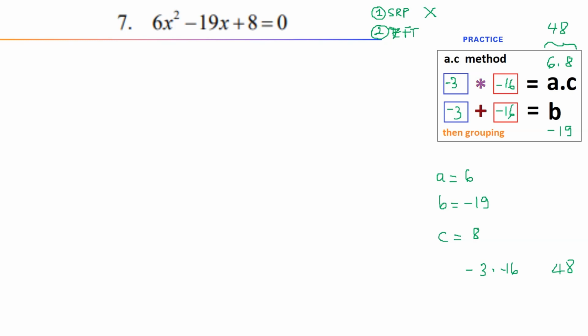Rewrite it, right? 6x squared minus 19x plus 8 equals 0. Rewrite the negative 19x as minus 3x minus 16x, plus 8, equals 0.